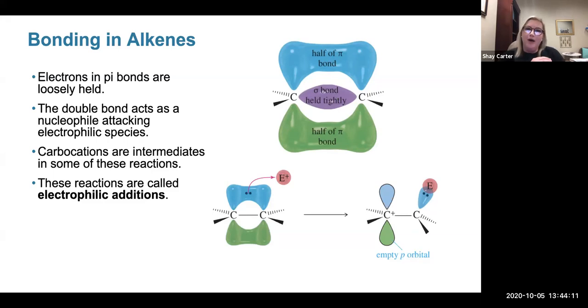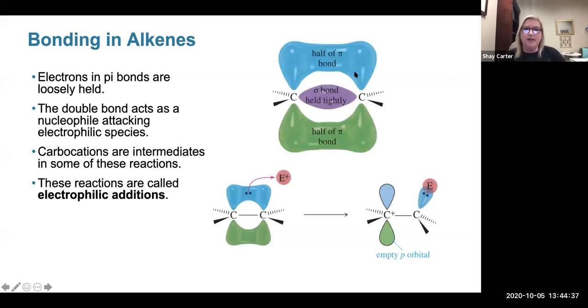But our pi bond, okay, so don't forget, just a little review here, that these three sigma bonds, so here, here, and here, we're going to assume that these are hydrogens, okay? These three sigma bonds are created through sp2 hybridization, okay? And they are all in one plane.